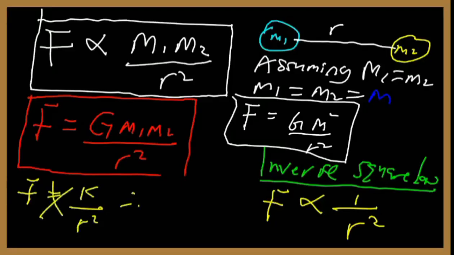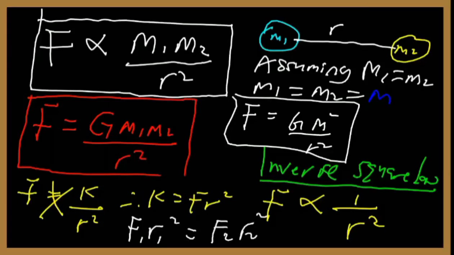So therefore, if I cross multiply here, my k will be equal to F r square. Listen attentively here. If a particular quantity is kept constant, then I can say F1 r1 square equal to F2 r2 square. Now look at this statement. This is the statement of the inverse square law.